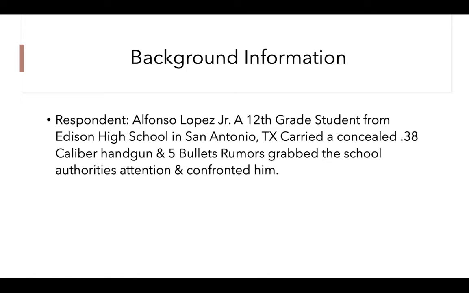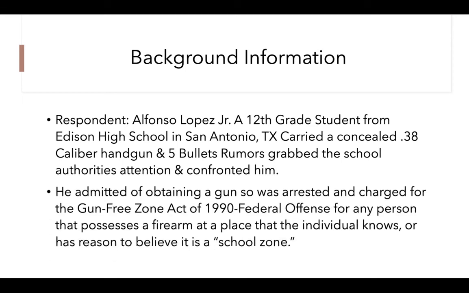In other words, he's carrying this gun and these bullets, school authorities were made aware that he had this weapon on hand, and they confronted him about the weapon and the bullets.